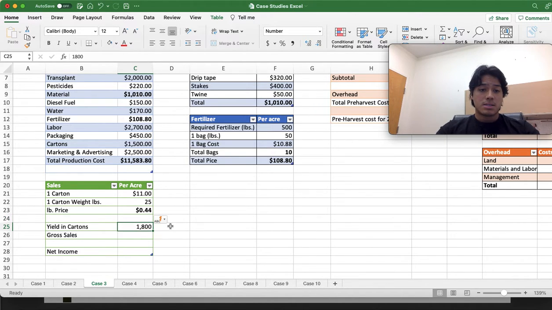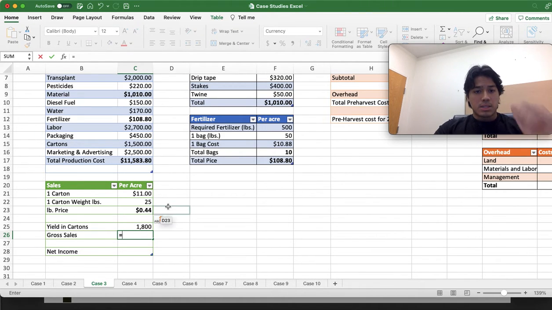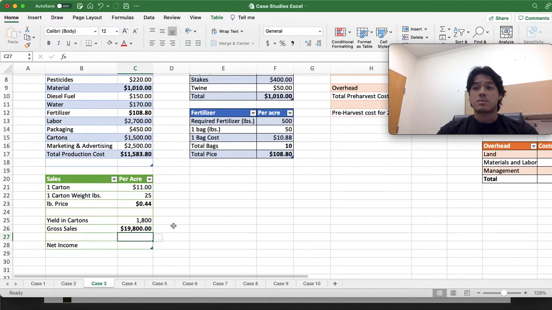In this case, this farmer's yield was around 1,800 cartons. So let's find the gross sale. In this case, he sold 1,800 times the price of a carton, 11. That's his gross sale.